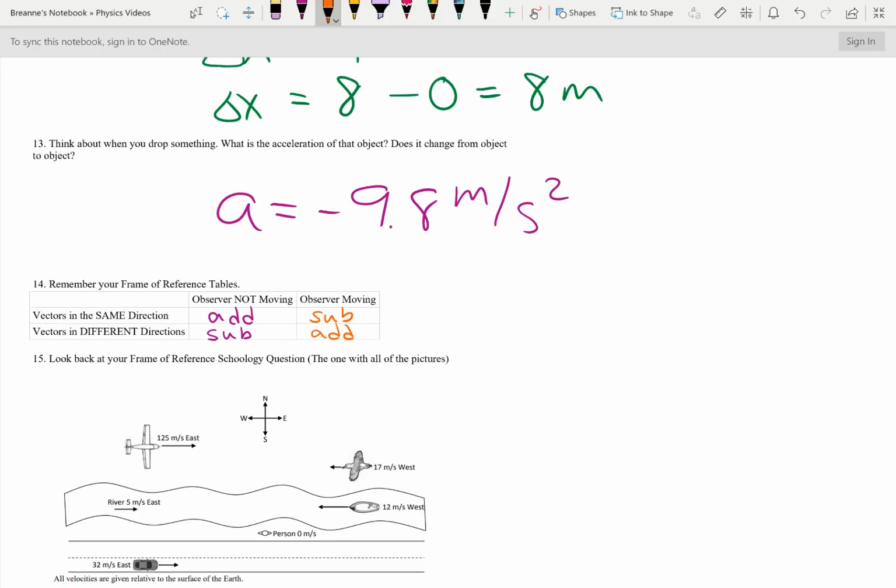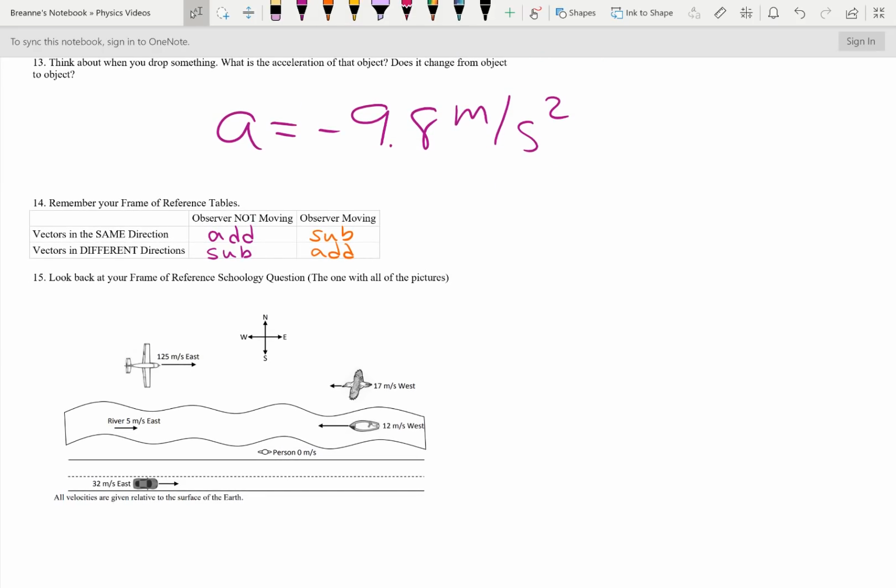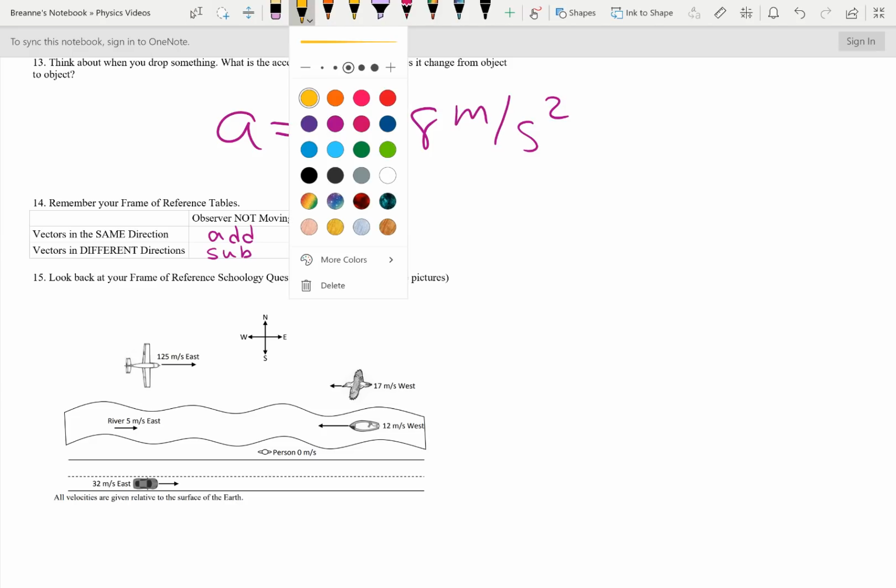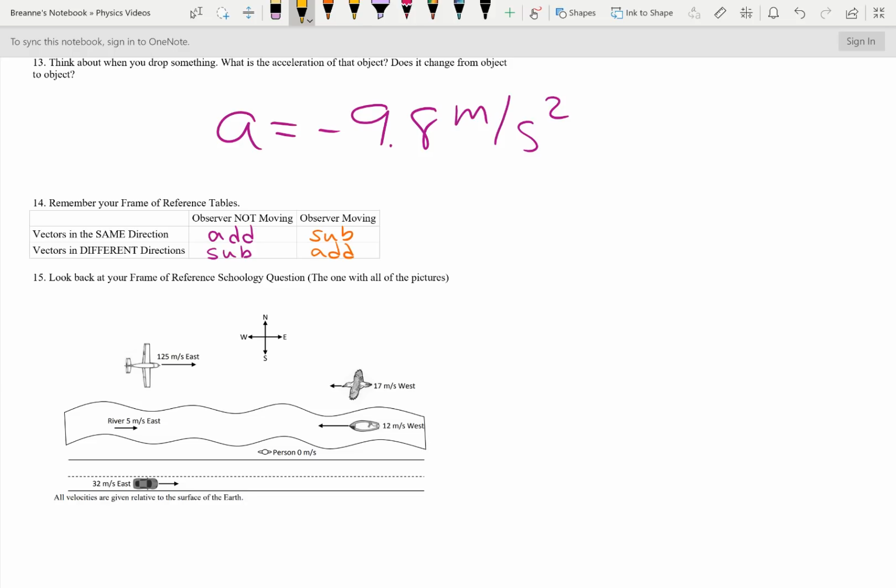So this was your homework on your frame of reference, and I want to go over just a few little things. Hopefully it will help you understand it a little bit better. So we're going to do the person and the boat. Your person is not moving.